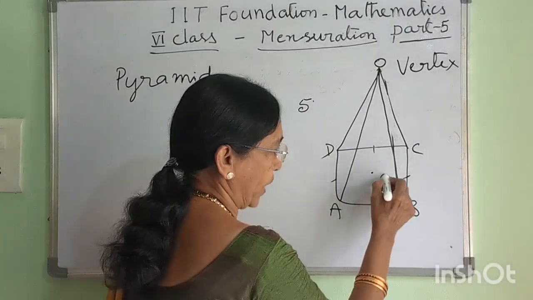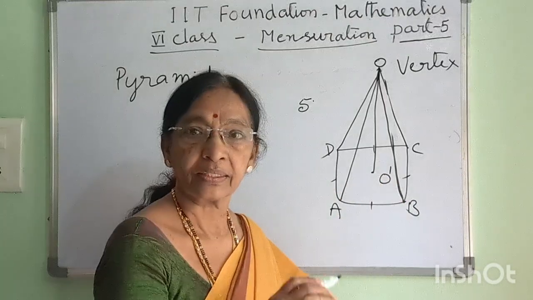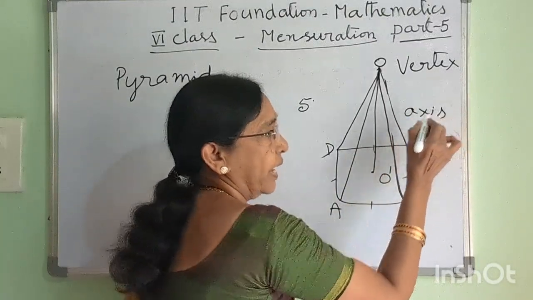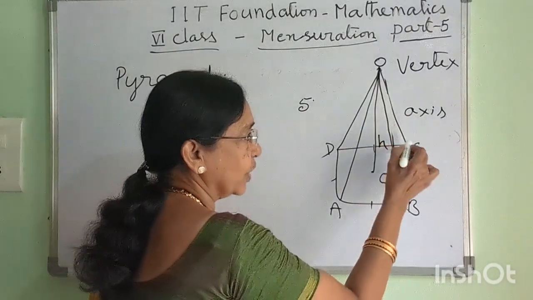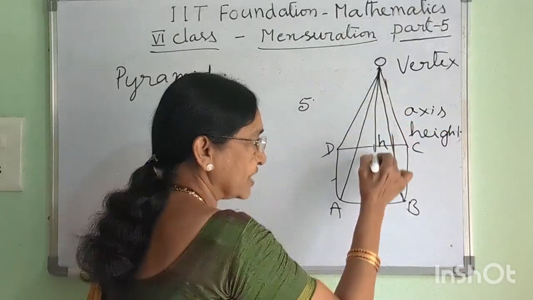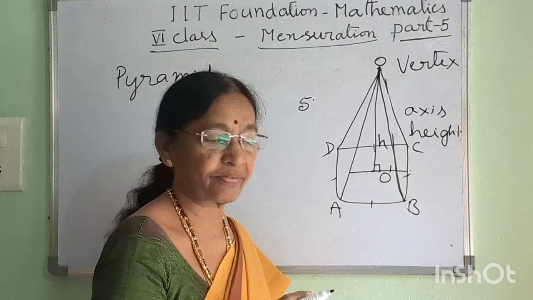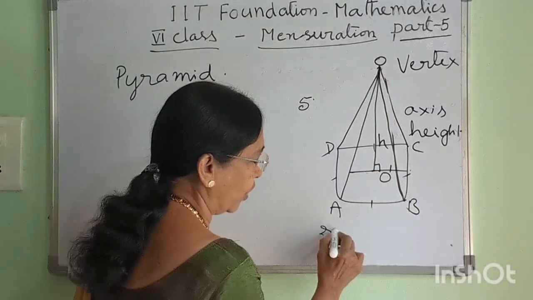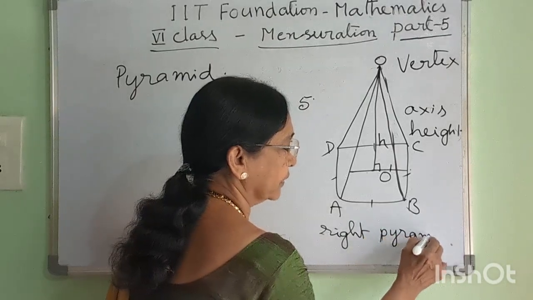Now take the center point of the base. Let it be O dash. Then join O O dash. This line is called the axis of the pyramid, and the length of OO dash is called the height of the pyramid. If this axis is perpendicular to the surface of the base, this pyramid is called a right pyramid.